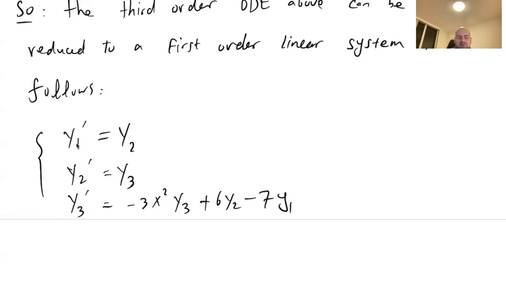So here y1 or y2 or y1 prime or y2 prime, none of these functions have any powers here. So for this reason, each of these equations is linear because no powers of y1, y2, or y1 prime, y2 prime appeared. Each of them is linear, and therefore this system is called a linear system.